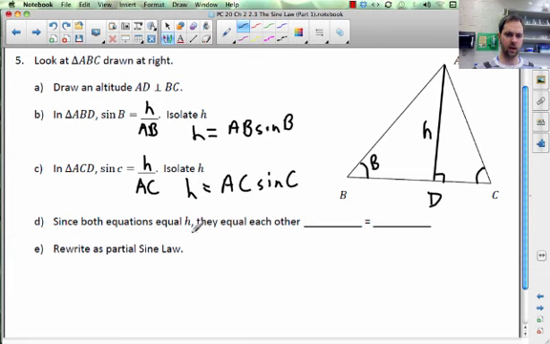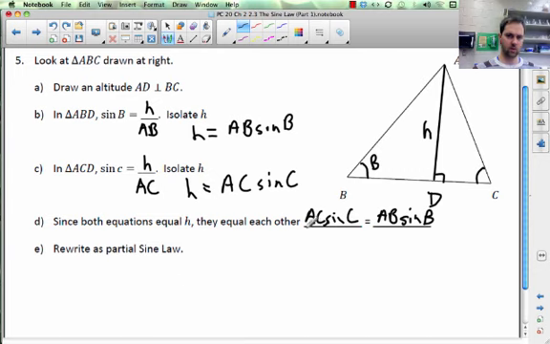That means that since both equations equal H, they equal each other. AC sine C equals AB sine B. Rewrite as partial sine law.